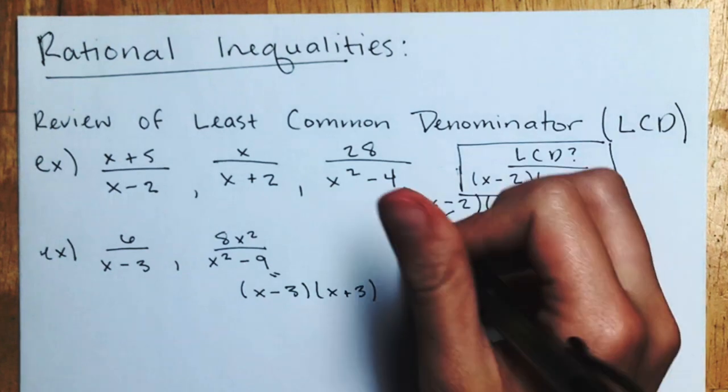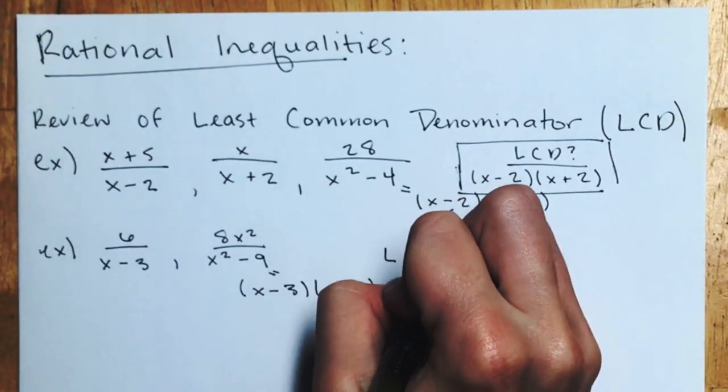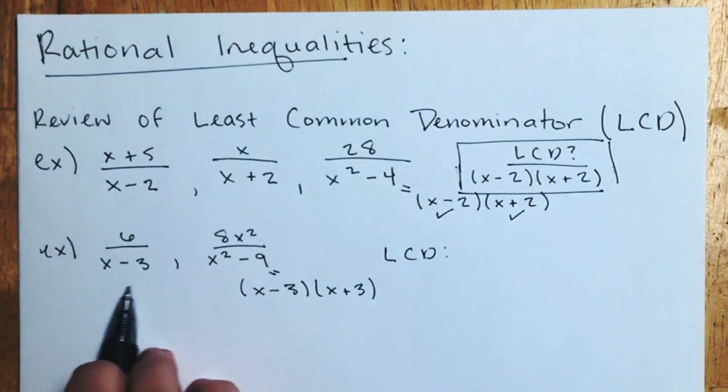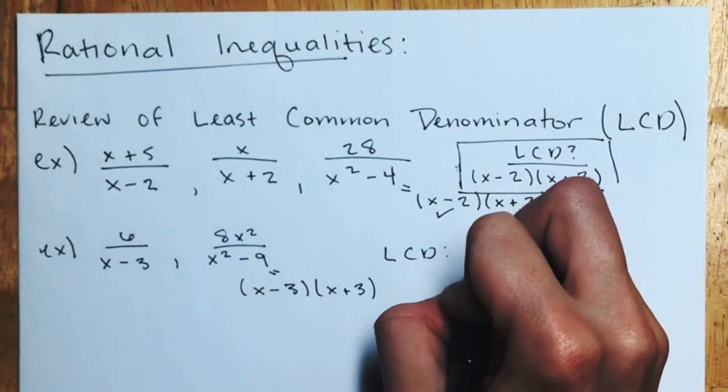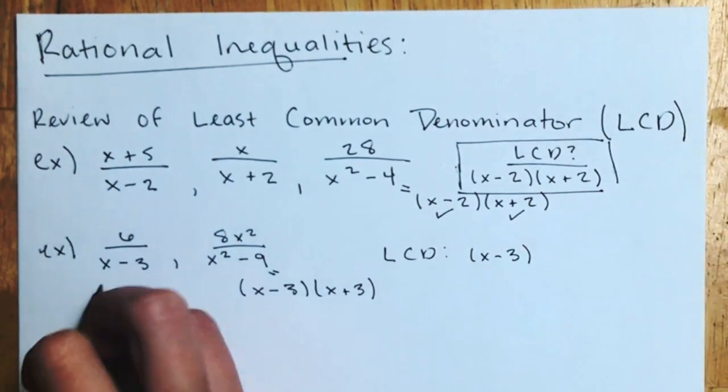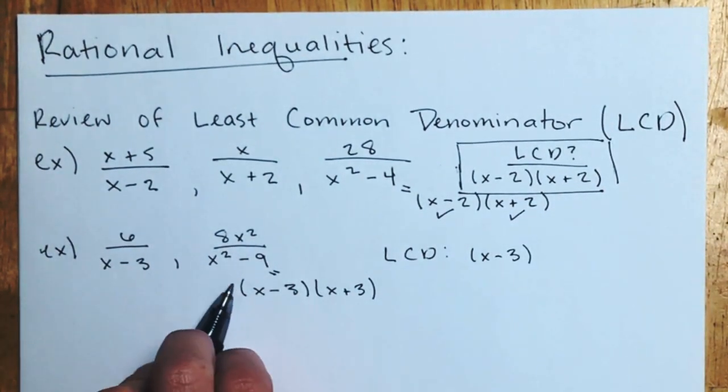So what is the LCD here? Let's go along and look at what we've got. We've got x minus 3 for the first one, so let's go ahead and collect that up. There's nothing in our list already, so that one does get included.